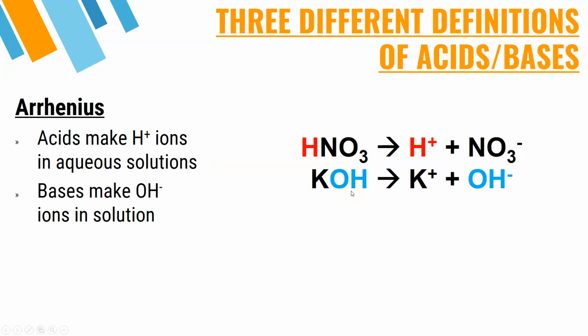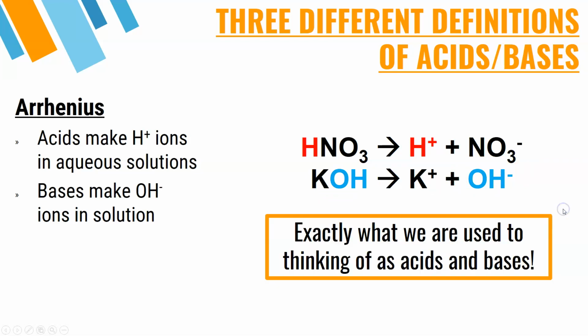Potassium hydroxide, dump that into water. The water disrupts that bond, and the hydroxide goes floating around by itself. These are exactly what you're used to. These are very easy to spot and easy to recognize. I wish they all stayed easy to recognize, but they don't.